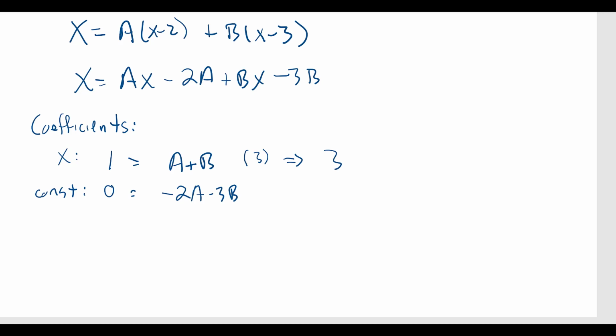We'd have 3 times 1 equals 3A plus 3B. Then we have 0 equals negative 2A minus 3B. I chose 3 because I could have chosen anything really, but to be effective, I chose 3 because that gets rid of my Bs and keeps things positive. So 3 equals the A.